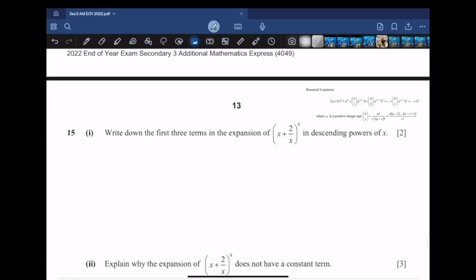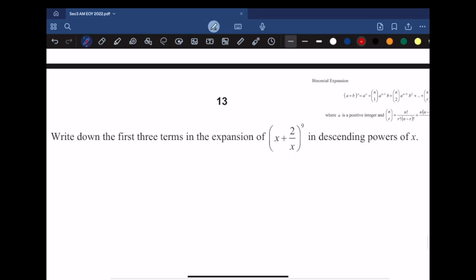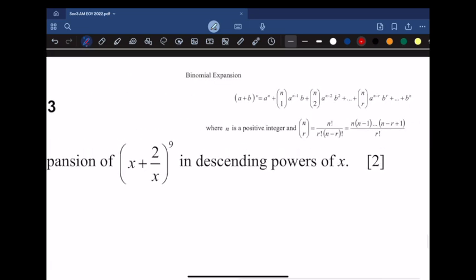From here now we just need to find the first 3 terms. Based on the binomial expansion, in this expansion you need to identify what is your a and b and your n. In this case, a is equal to x, b equals 2 over x, and n is equal to 9.